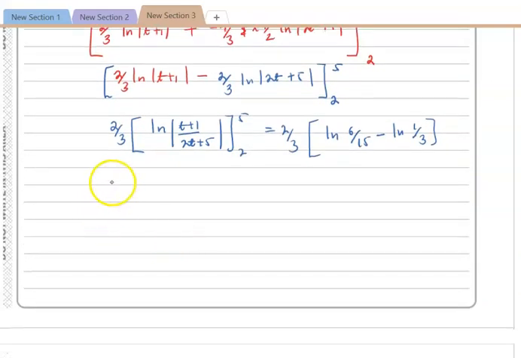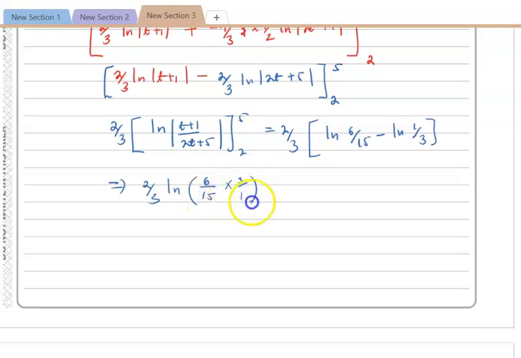Now when you simplify, you have 2 over 3 natural log of, when you're subtracting, you divide. So this is this over 15 multiplied by 3 over 1. So your answer here is 2 over 3 natural log of 6 over 5.